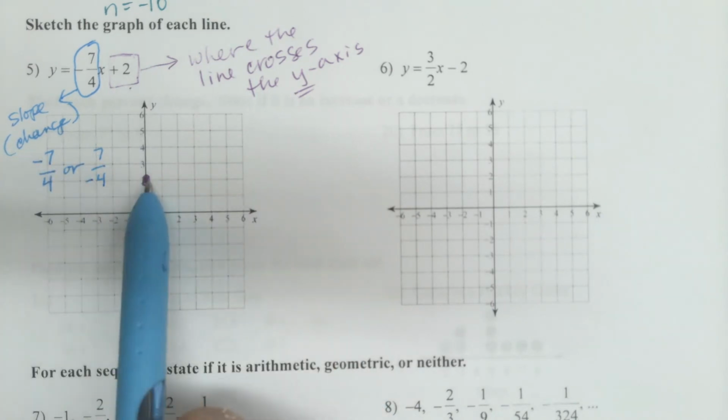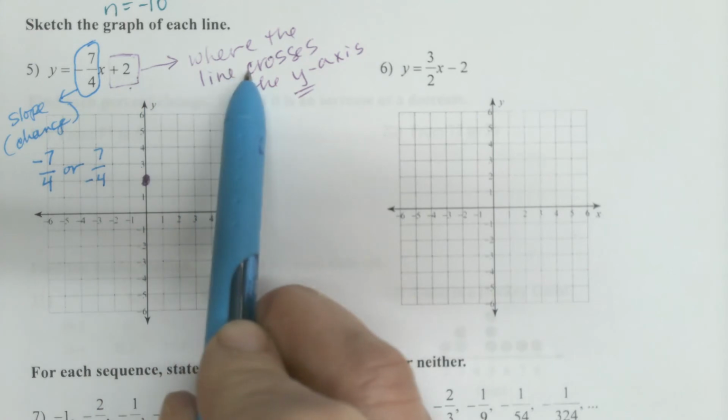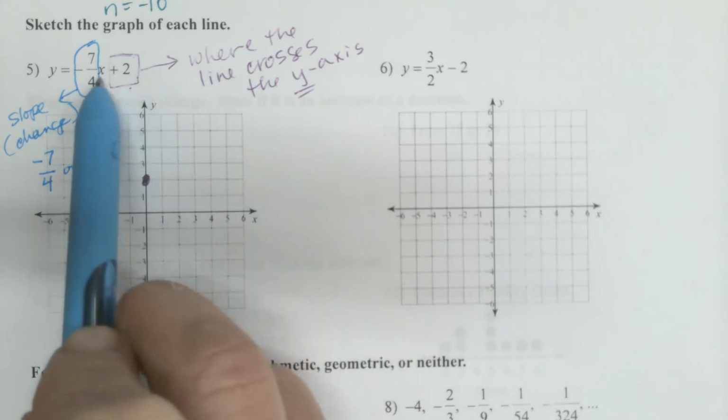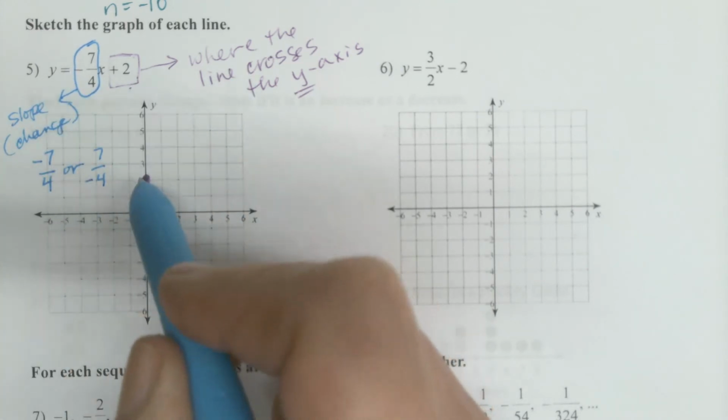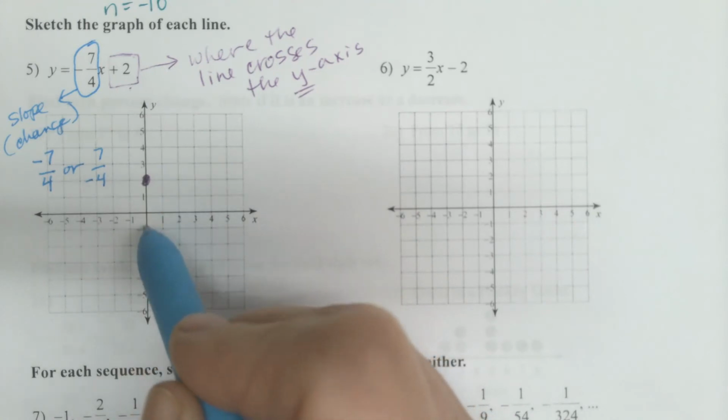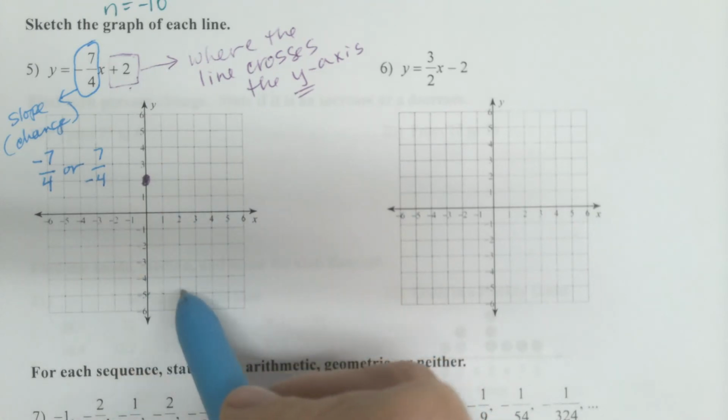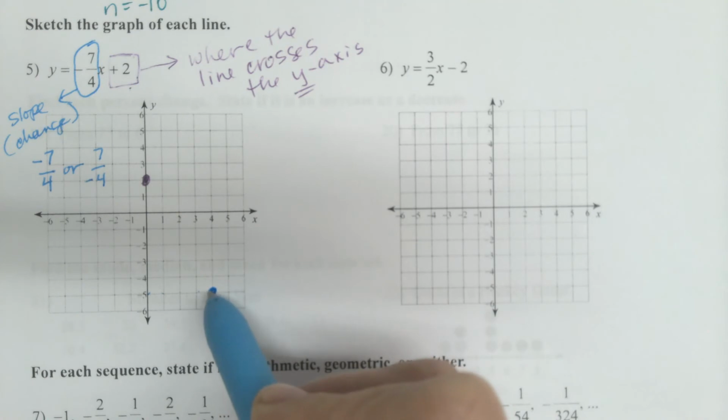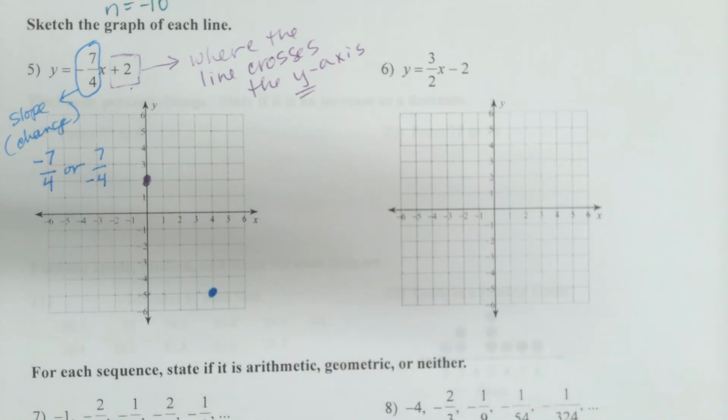So up 7, left 4 is going to be off the graph. So I'm going to go down 7, 1, 2, 3, 4, 5, 6, 7, right 4. Put my other point. I need at least 2 points to make the line.